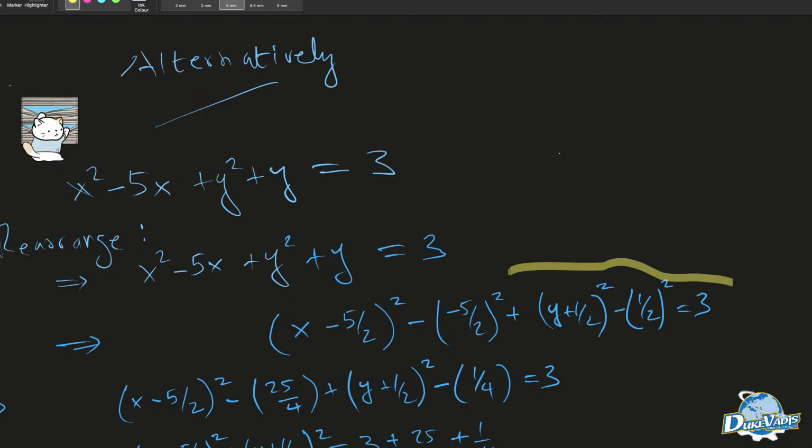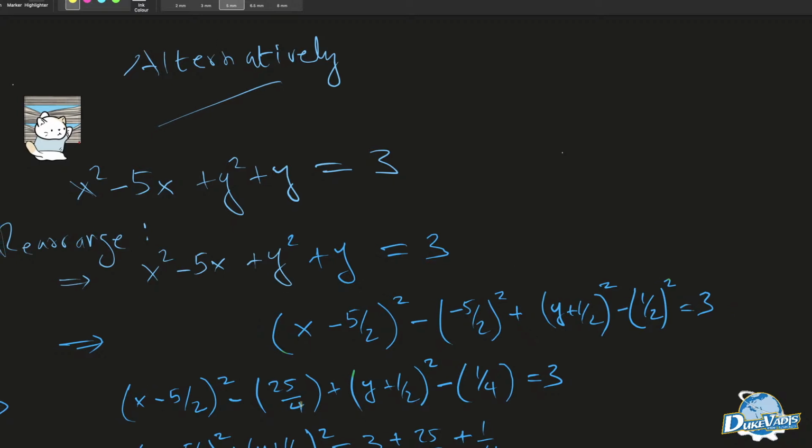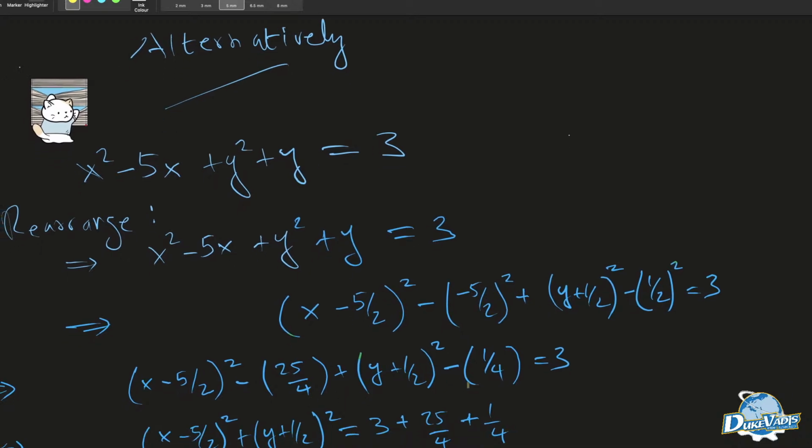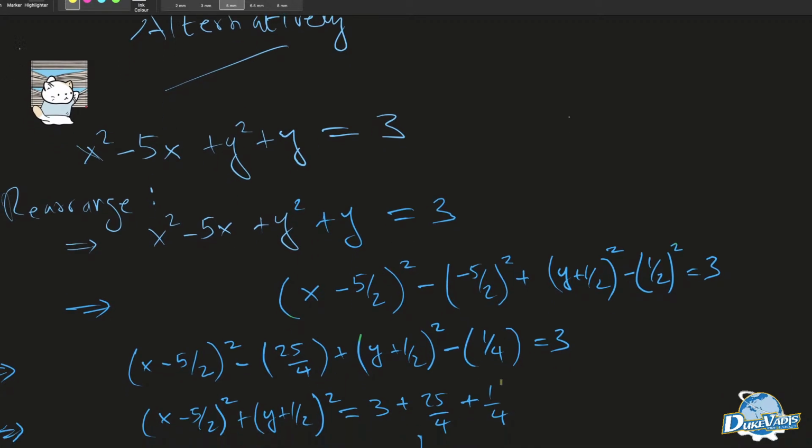So this equation becomes the de facto, and this helps us to resolve it without difficulty at all. Now if we rewrite it like that, then the negative 5 over 2 squared becomes 25 over 4, and negative half squared becomes 1 over 4.